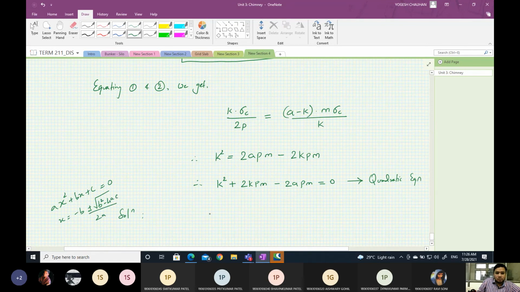So the solution for this will be K equals minus mp plus square root of m square p square plus 2m pa.